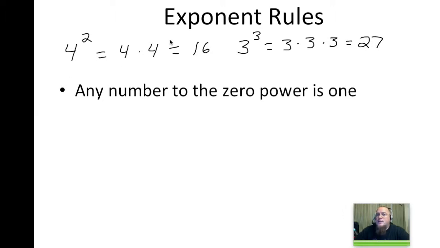Okay? So like all your math rules, there are exponent rules. Any number to the 0 power is 1. So I get asked a lot, hey, how in the world do you get a 0 power? And in order to show you how that happens, we have to use fractions.